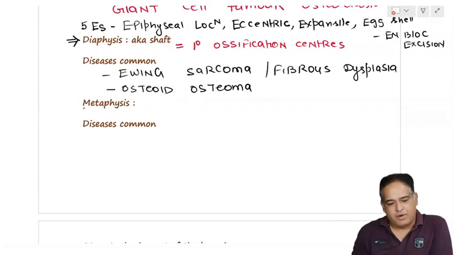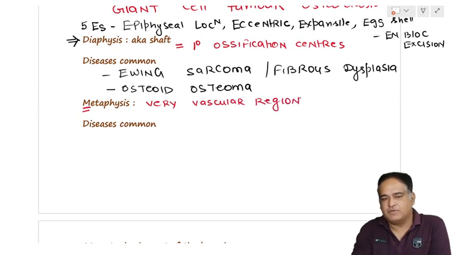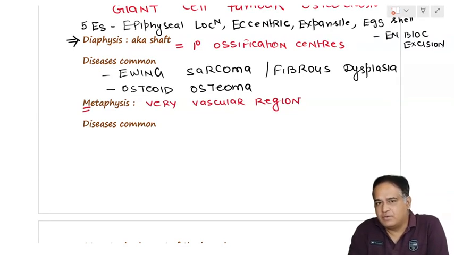Now, M for middle, M for metaphysis, right? Now, metaphysis is first of all extremely vascular, very, very vascular. In fact, it's the most vascular region of the bone.